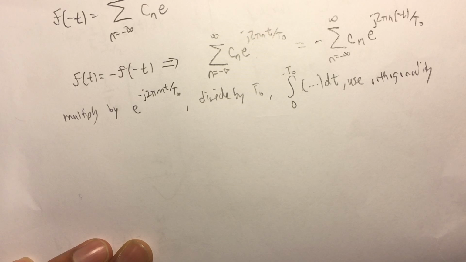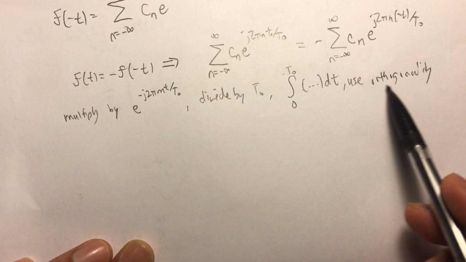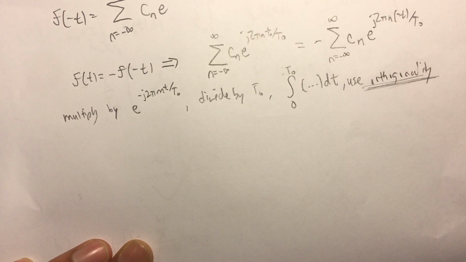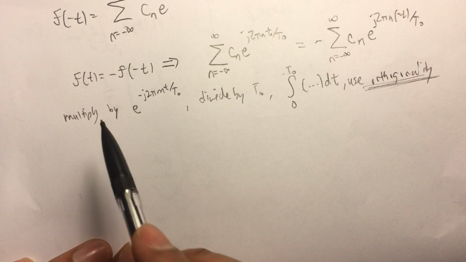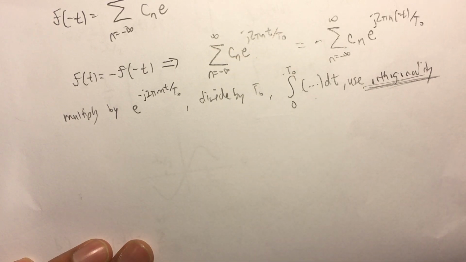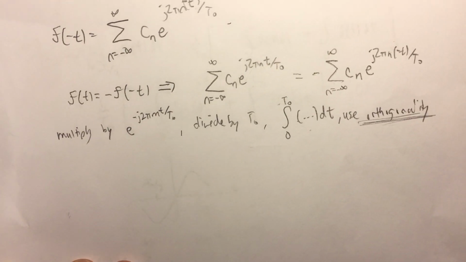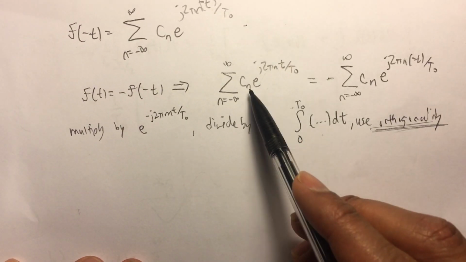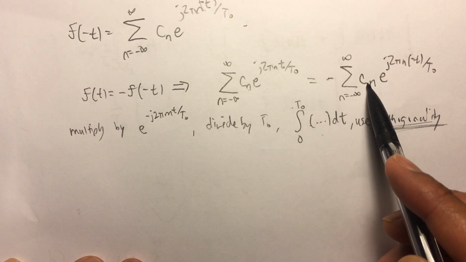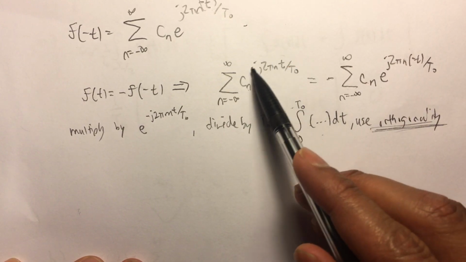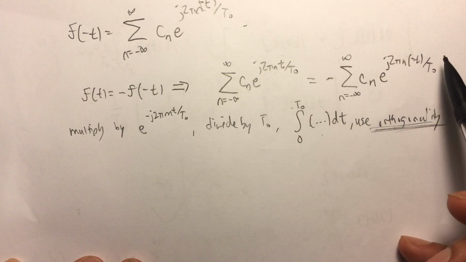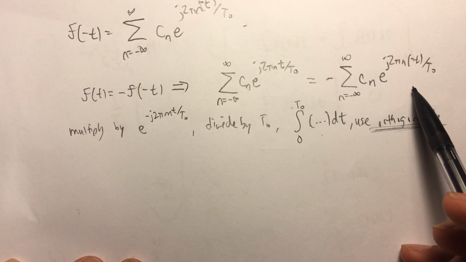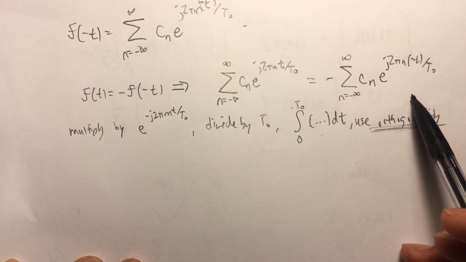Of course, I don't want to go through all the steps. If you at least use the word orthogonality, that's enough to get you full credit, which means you realize you can go through these steps. Okay, but in general, if we don't explicitly say that, we can't always match terms like this, particularly if we had some other function here that were not complex exponentials where orthogonality didn't apply.